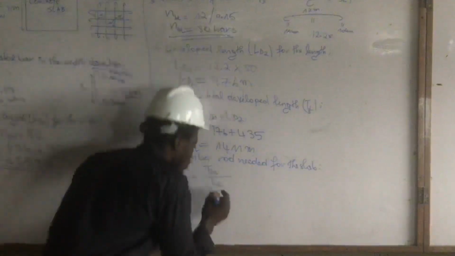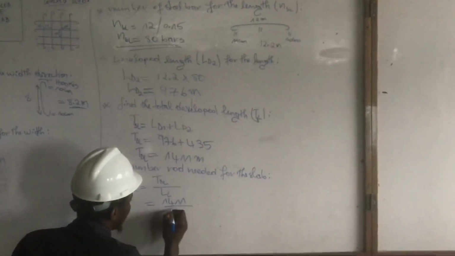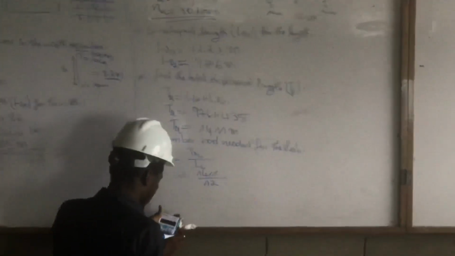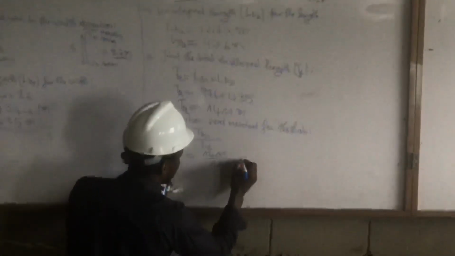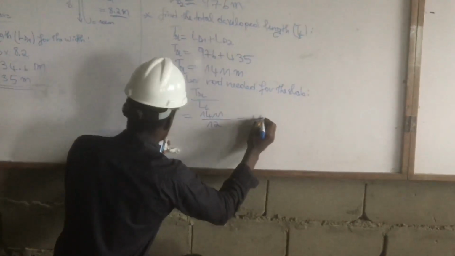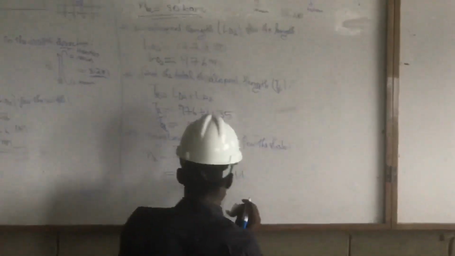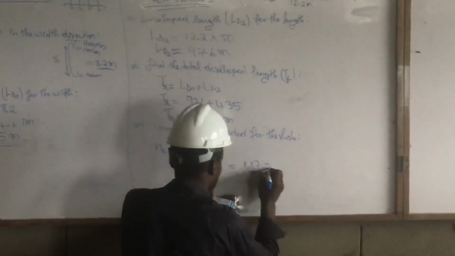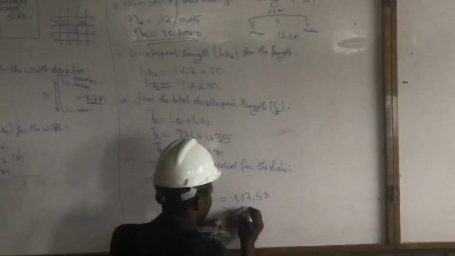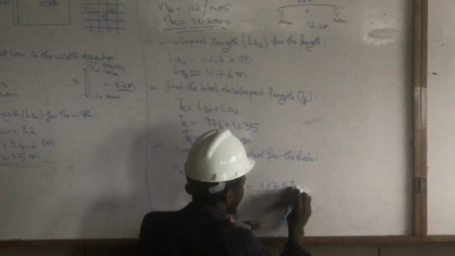So we have 1411 divided by 12, which is going to give 117.58, which can be rounded up to 118 rod.